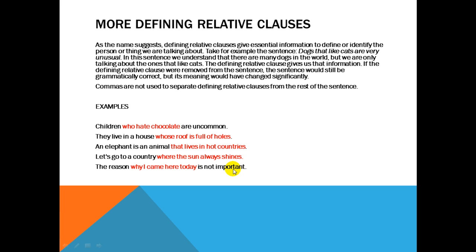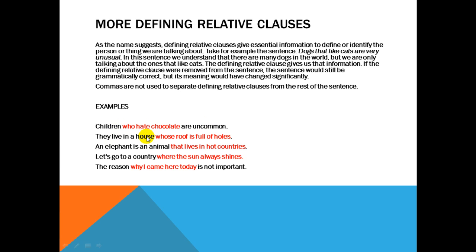So we can see here that the words in red, the defining relative clauses, more describe the subject that we were talking about: the children, the house, the animal, the country, and the reason. So even if I leave out the relative clause, the meaning is significantly decreased.